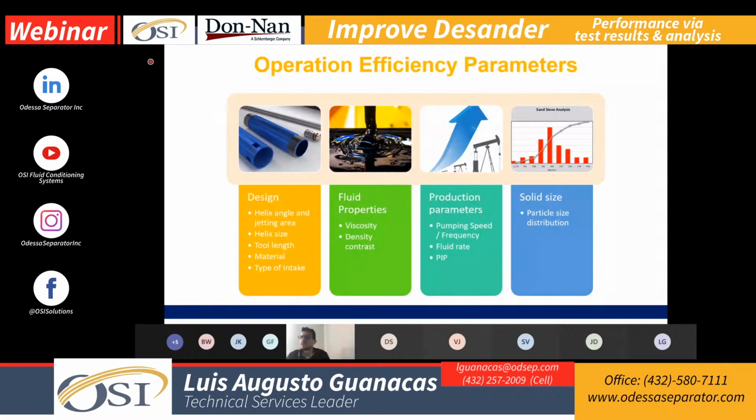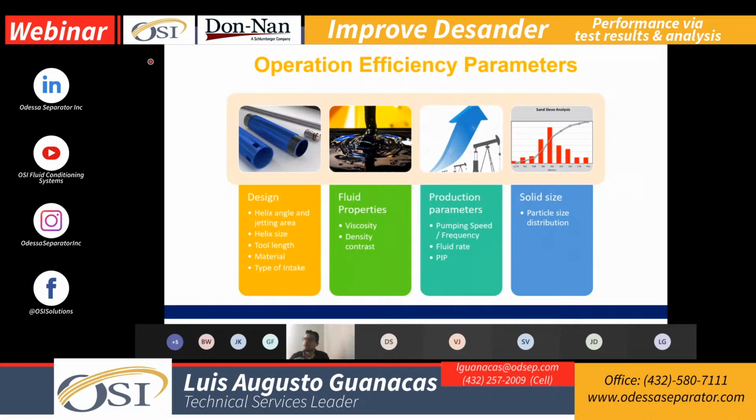So looking to find the parameters that really impact the operational efficiency of this tool, we analyze this tool from different perspectives, right? We analyze the design of the tool covering the helix angle, the jetting area, the helix size, the tool length, the material that we use, and the type of intake.